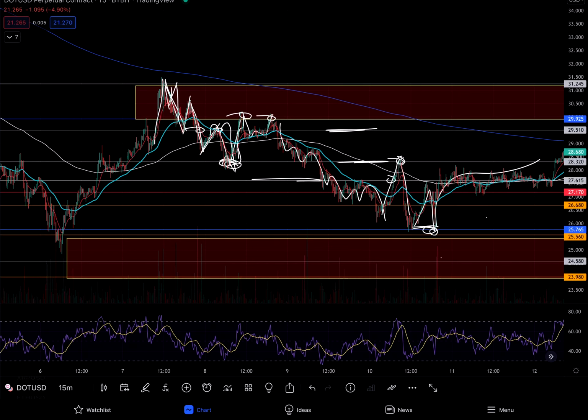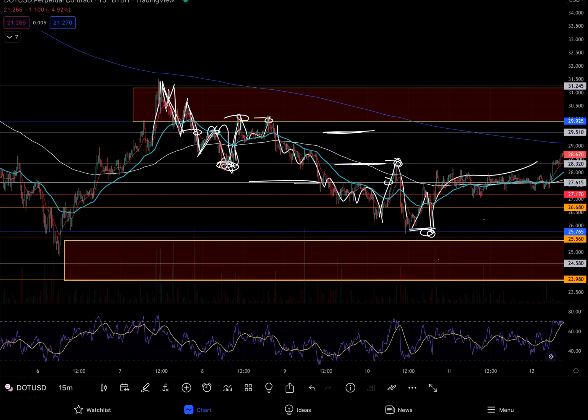Nothing spectacular, but not bad. We came up here. This probably would have been the good entry. You made a little money on this one, but you'll notice as we came up here, tested it again, you probably broke even on this one because you could have taken a little profit there. Could have broken even on this one, come up, initiated another short.